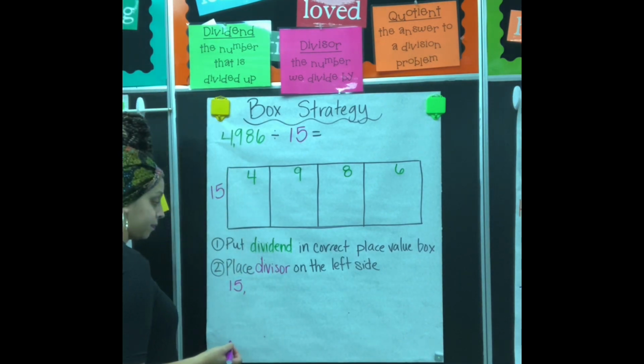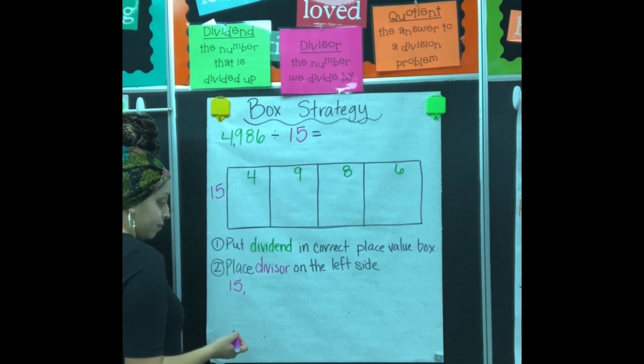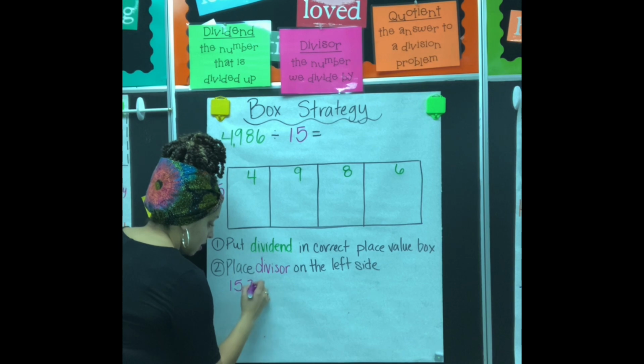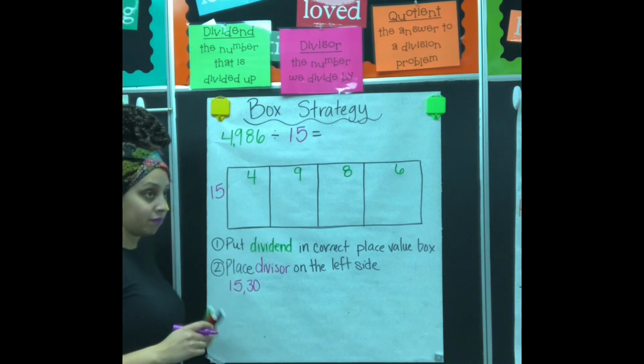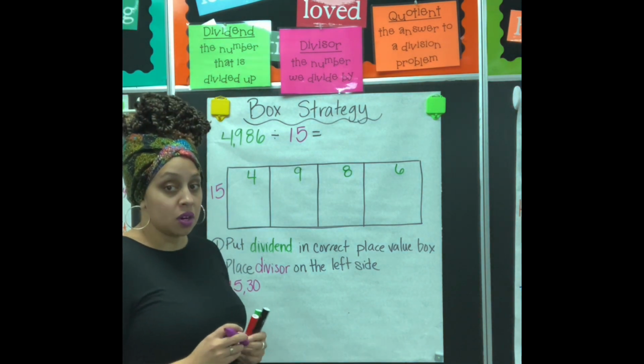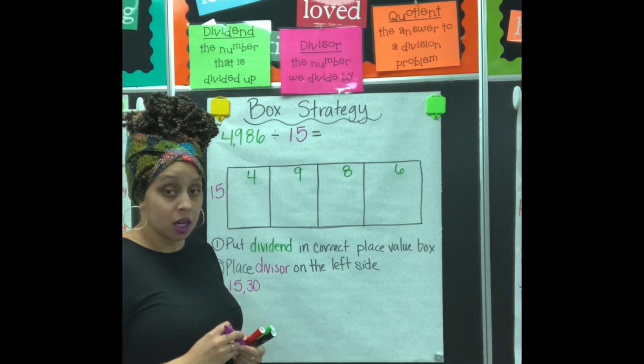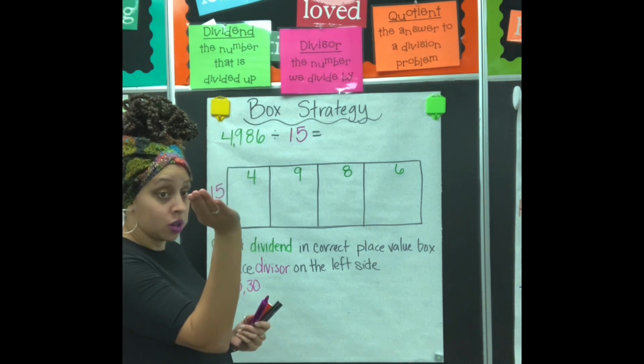So we're going to go 15, 15 times 2 is 30. And if you're like, 15 is hard, I want you to think of a clock. Each quarter is 15.